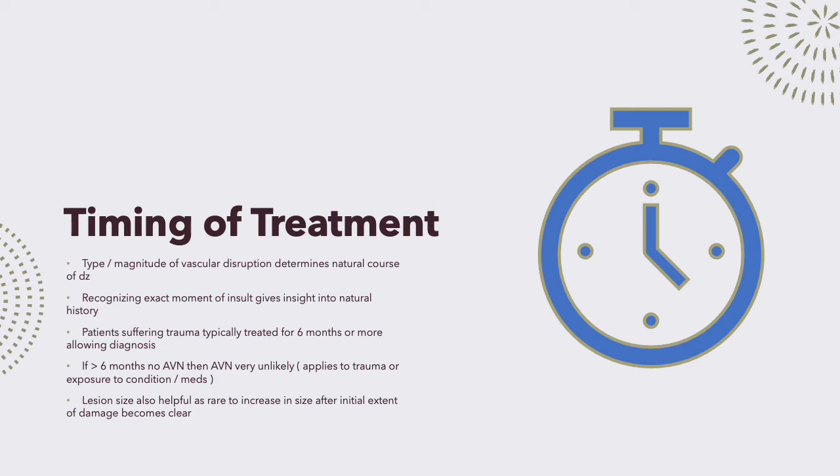Lastly, the lesion size is also helpful, as these lesions rarely increase in size after the initial extent of damage becomes clear, and some pre-radiographic lesions may even decrease in size or resolve, as some MRI studies have shown in the hip.